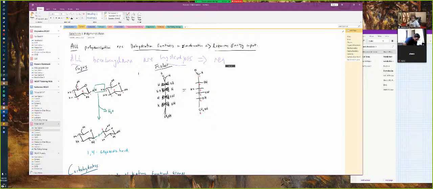They do not require energy, but in fact they have energy output, meaning they give off energy.